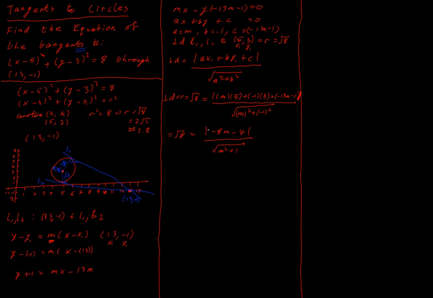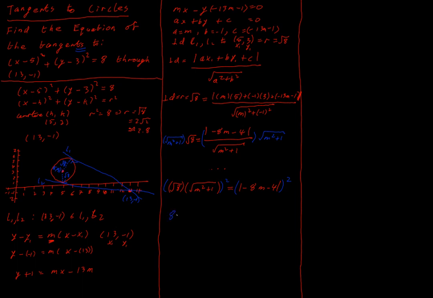I'm going to isolate the absolute value and then square both sides. Now, rearranging and squaring both sides, there's an important point to mention. I'm going to square both sides and instead of getting plus or minus, because I will have to square to get rid of the square roots anyway. So there's no advantage in doing the plus or minus version of getting rid of an absolute value here.